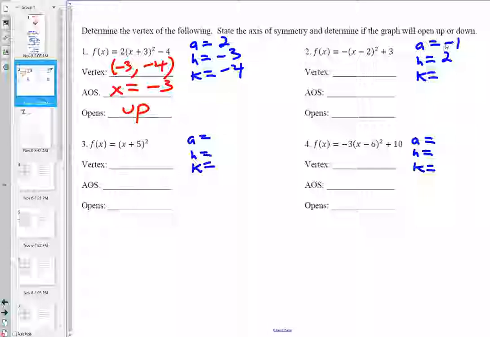It is +3. Good. Remember, you only change the sign for the H, not for the K. So, where's my vertex going to be? Vertex is going to be at 2, 3, H, K. Where's my axis of symmetry? X equals 2. It's going to open up or down? Y down. A is negative.